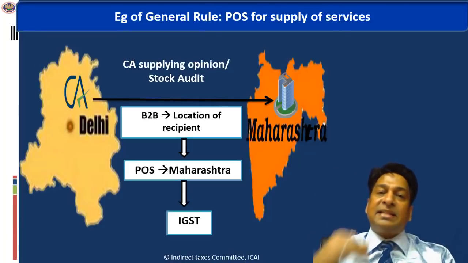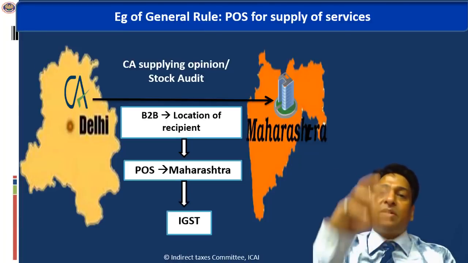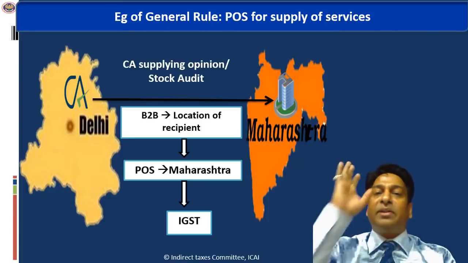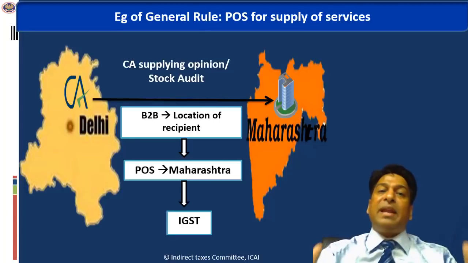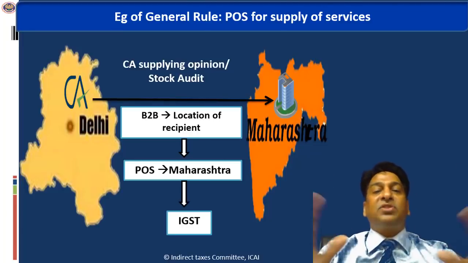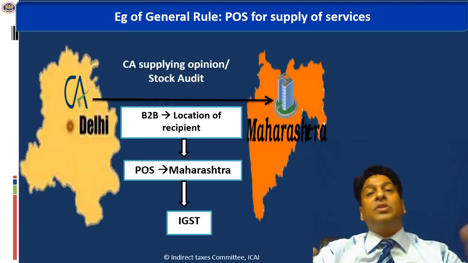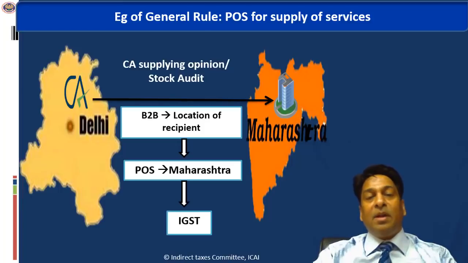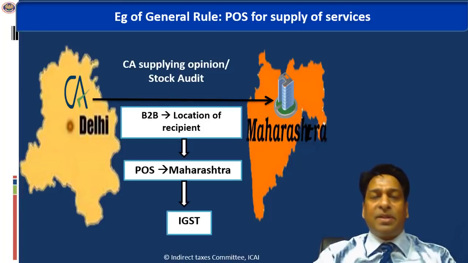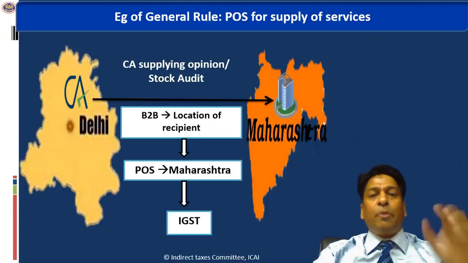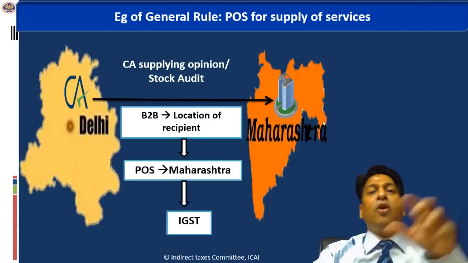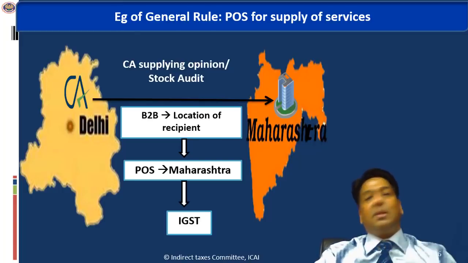Now, in this case, Bimal Jain registered in Delhi has to undertake this assignment. And we have to understand this scenario keeping in mind the erstwhile service tax regime. In the erstwhile service tax regime, we need not have separate registration. We can have only centralized registration, provided centralized accounting or invoicing is being done from that particular place.